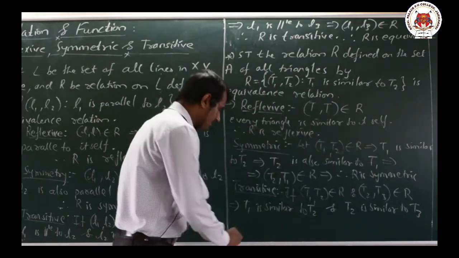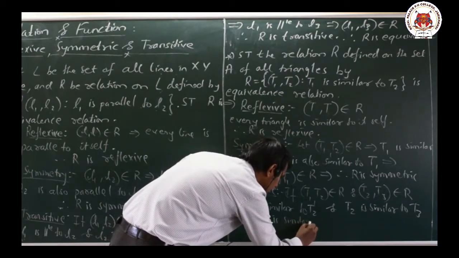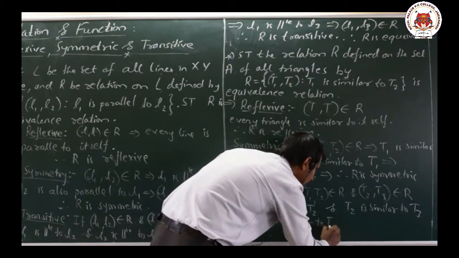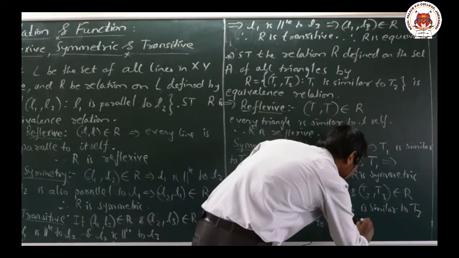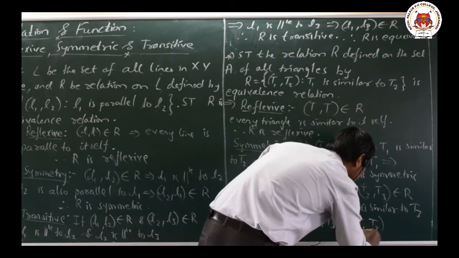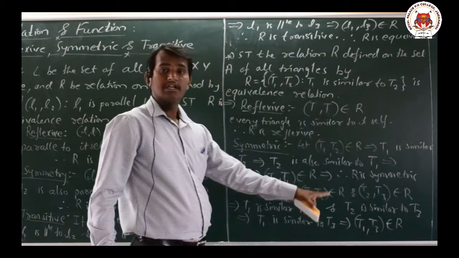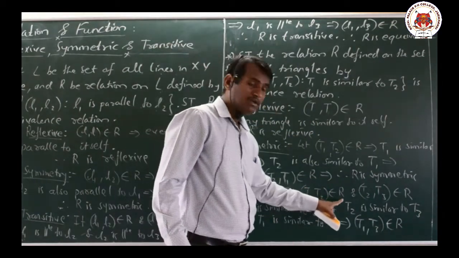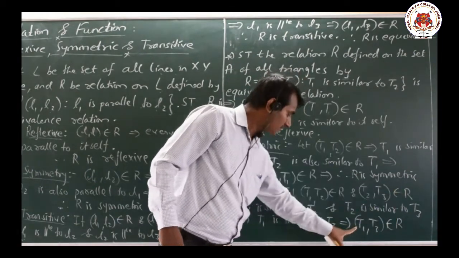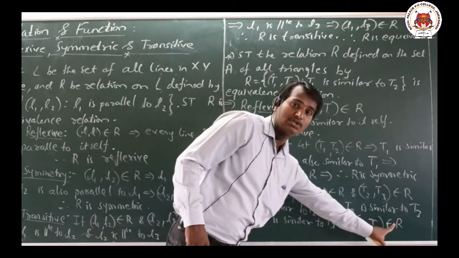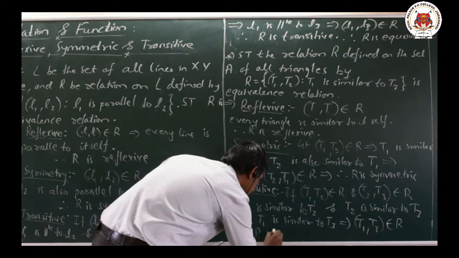So what we observe here, therefore we get T1 is similar to T3. T1 is similar to T3 means (T1, T3) belongs to R. So (T1, T2) belongs to R and (T2, T3) belongs to R implies (T1, T3) also belongs to R. Therefore dear friends, R is transitive.